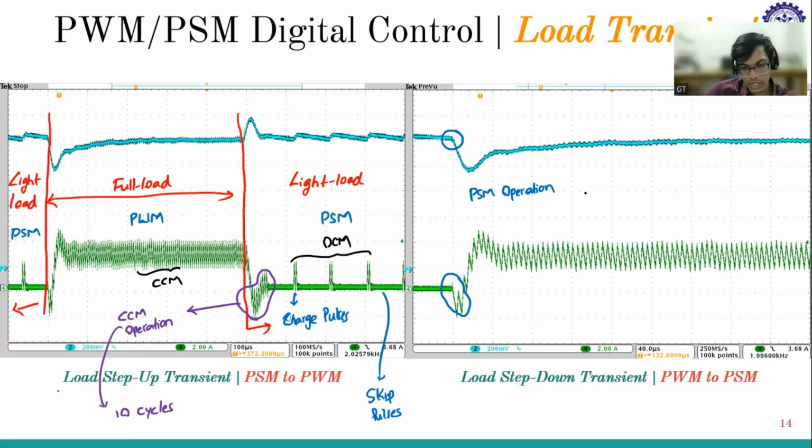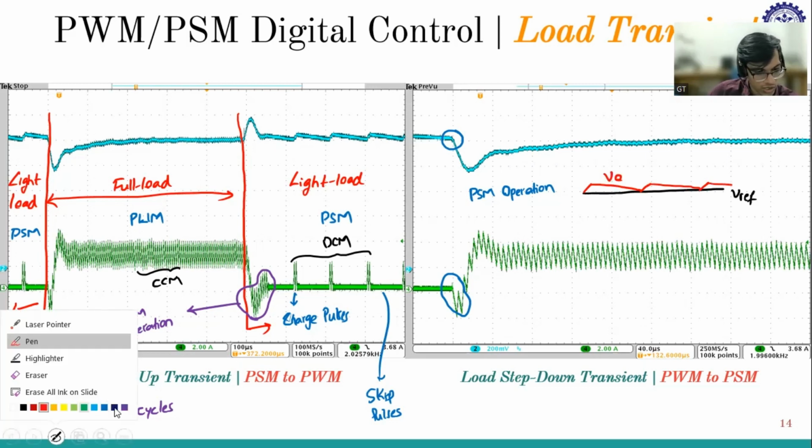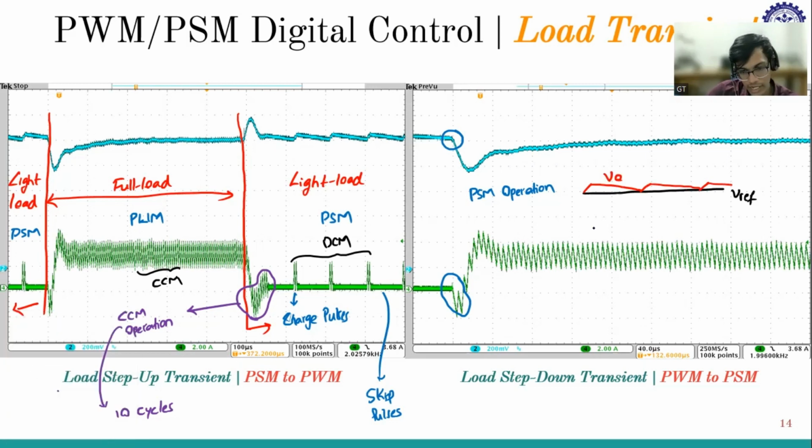The voltage will be something like this. Say this is V reference. So it will charge and discharge, charge and discharge, charge and discharge. So this is V0. If I calculate error voltage, VE, VE is nothing but V reference minus V0, which will be less than 0.